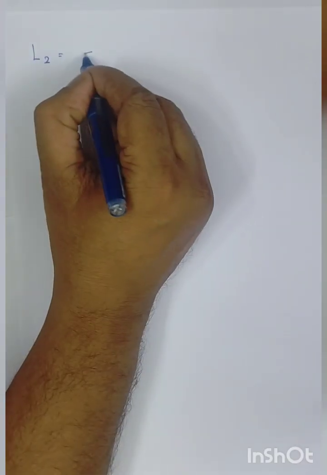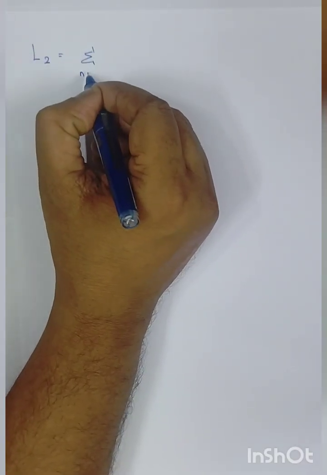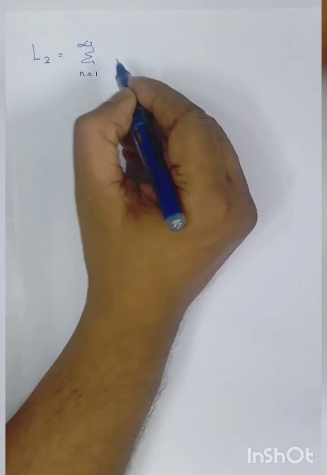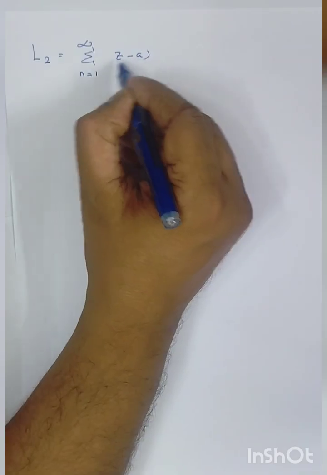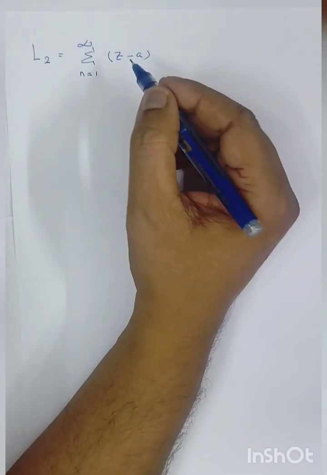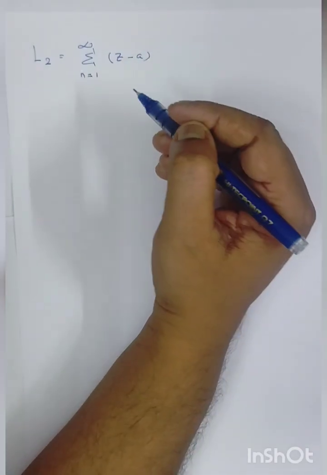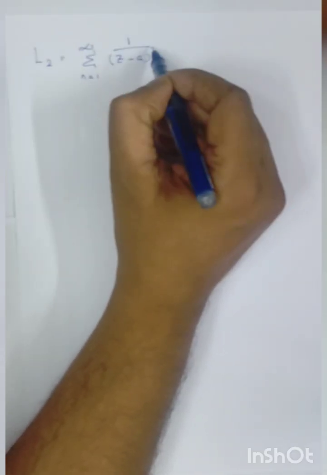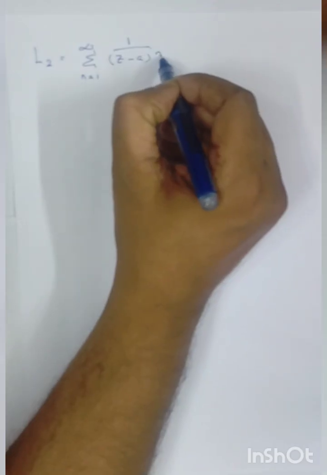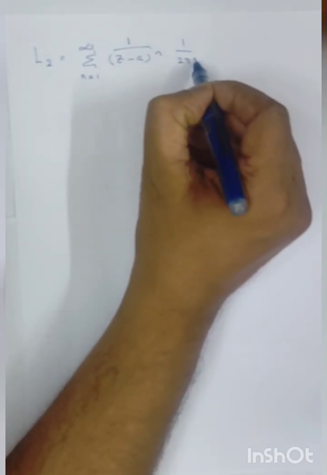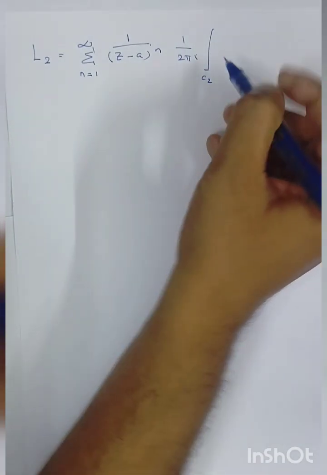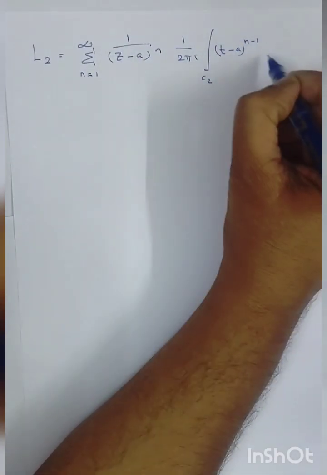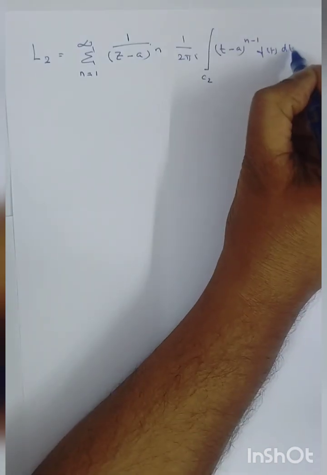L2 is equal to the summation, n equal to 1 to infinity, of 1 by (z minus a) the whole power n, 1 by 2 pi i, C2 (t minus a) the whole power n minus 1 f of t dt.